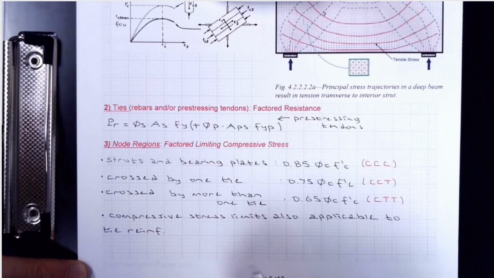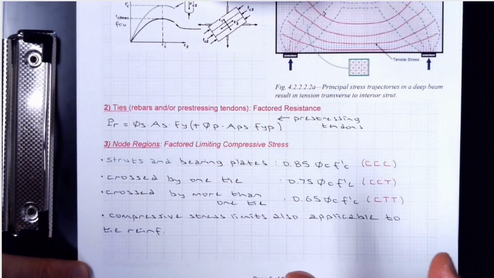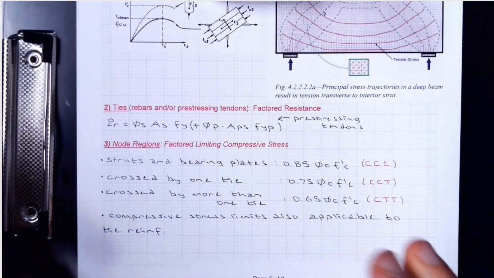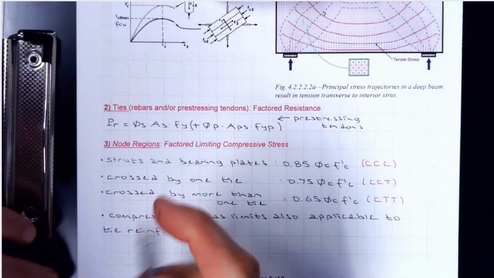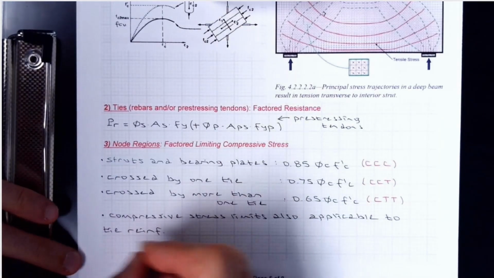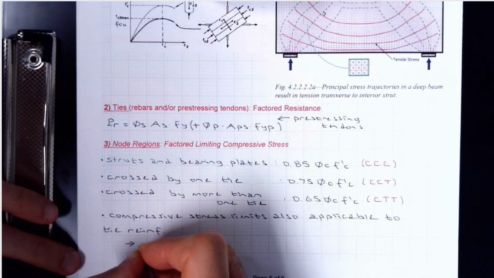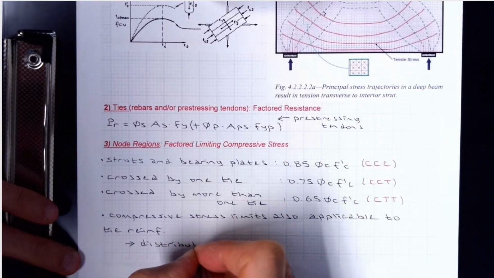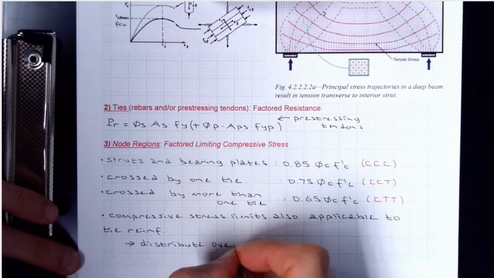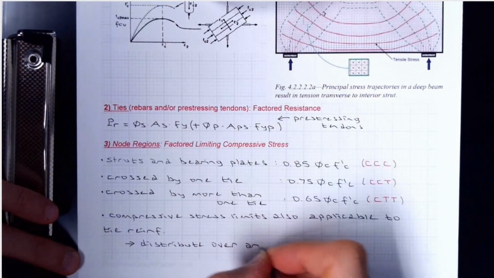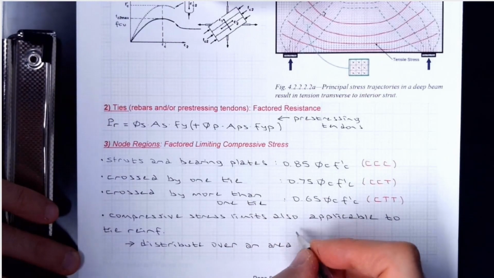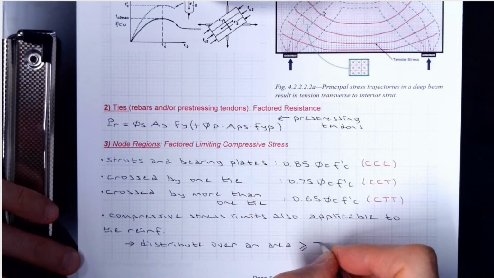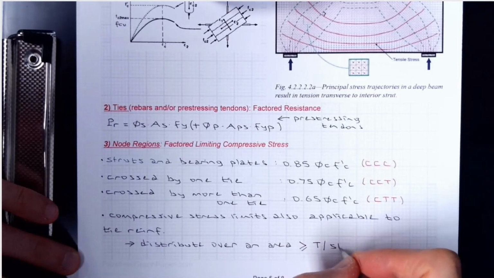So what we want is a good distribution of the reinforcement. We don't want reinforcement to be too concentrated. We want reinforcement to be distributed, and in order to make sure that it's distributed properly, you need to distribute it over an area which is going to be larger than the tension tie divided by the stress limit.